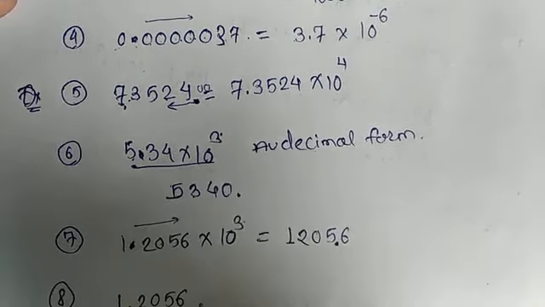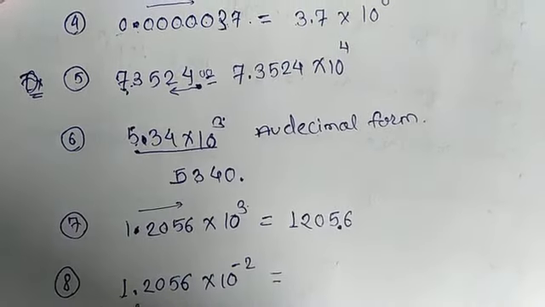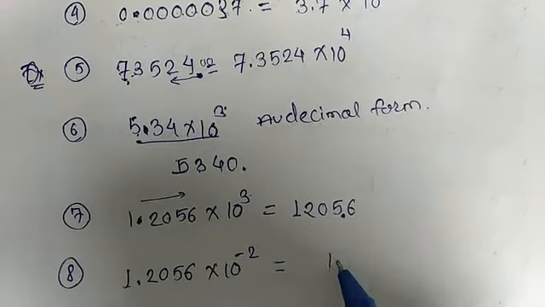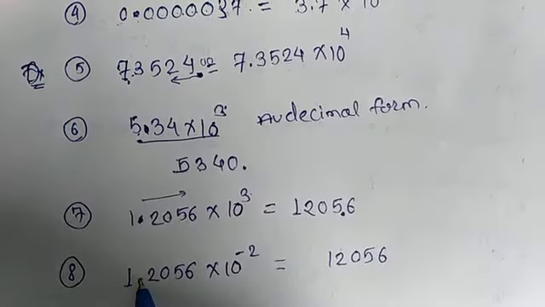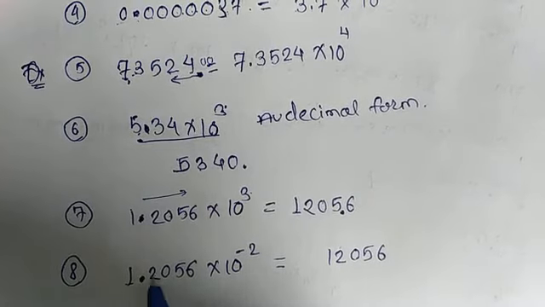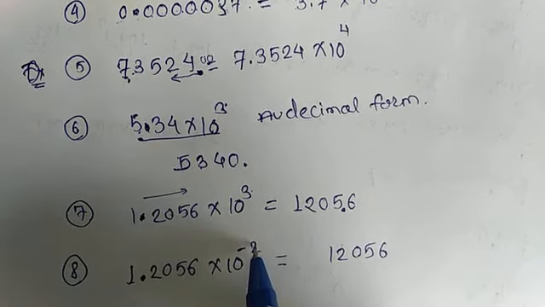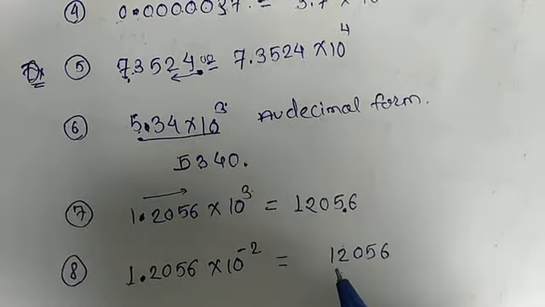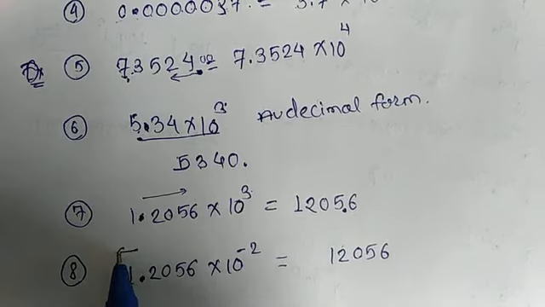If we are given an example with a negative power, for example 1.2056 multiplied by 10 raised to minus 2, first write the number as it is, 12056, and the point is here. How many places do we have to shift? 2 places. Here the point is after 1, and we have to shift toward the left side.